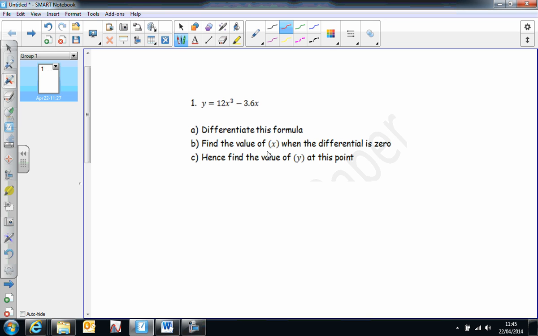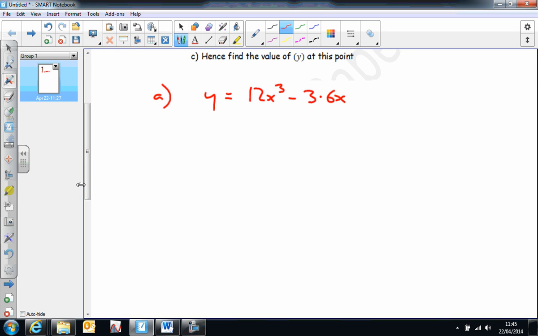So, part A, let's differentiate this. y equals 12x cubed minus 3.6x. The notation I'm going to use, which is suggested really, is differentiating y with respect to x.